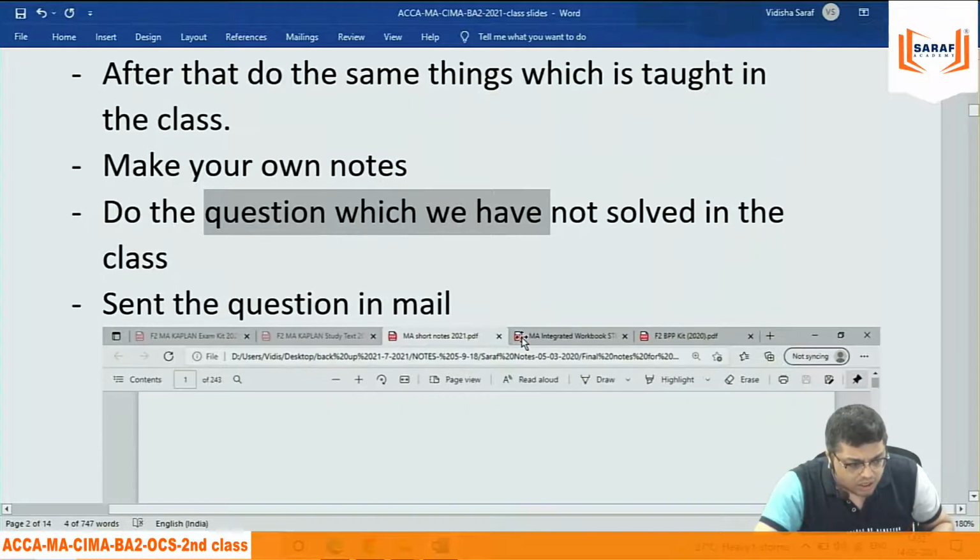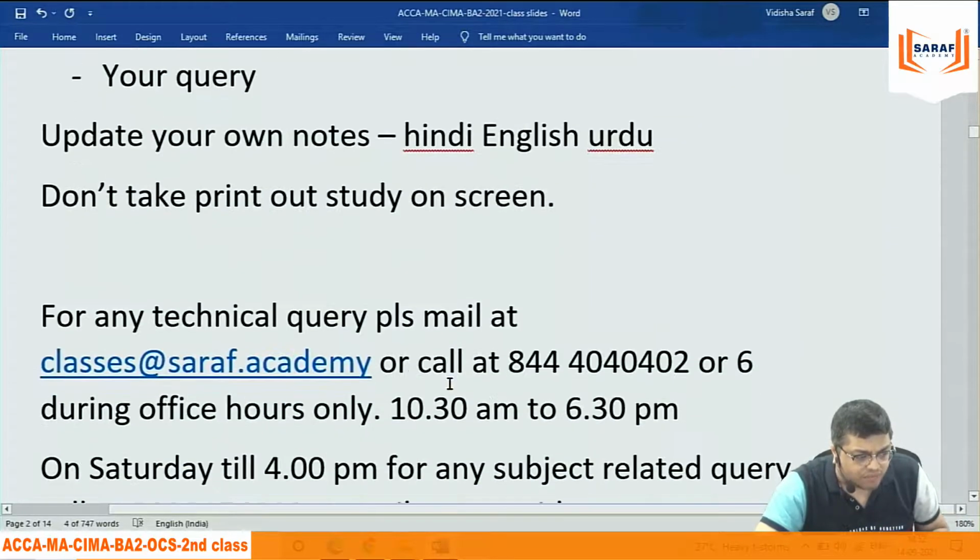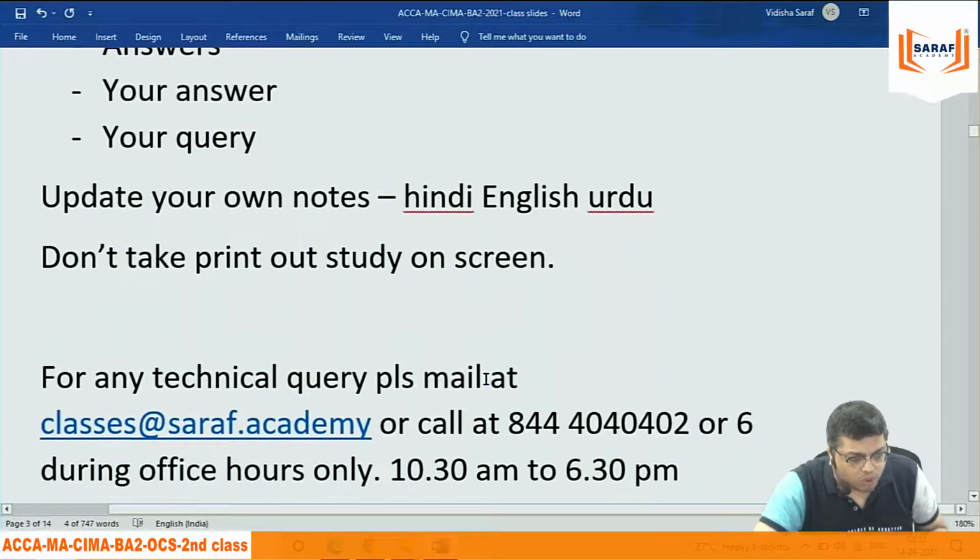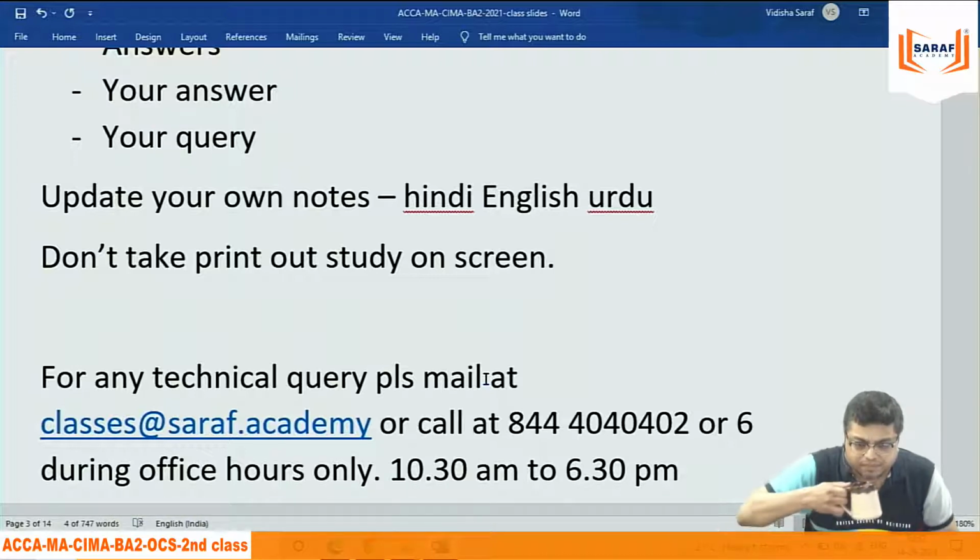If you have doubts, you will raise doubts like this. After your doubts are cleared, update your notes and then revise through your notes only. We will see whether you will become a champion or not. I need to check.